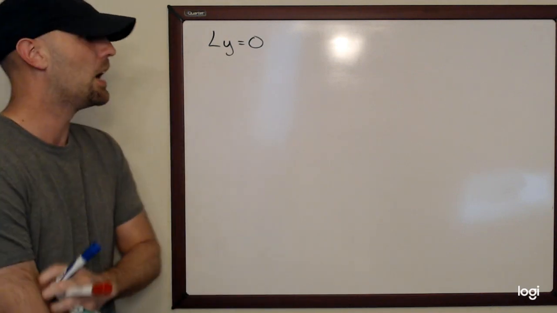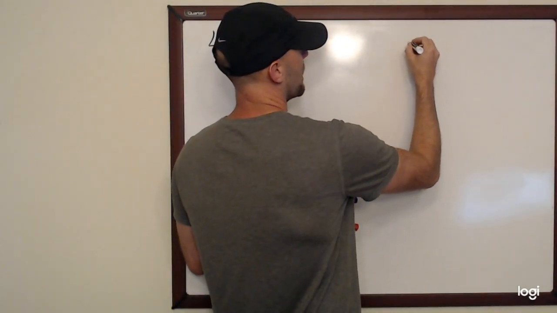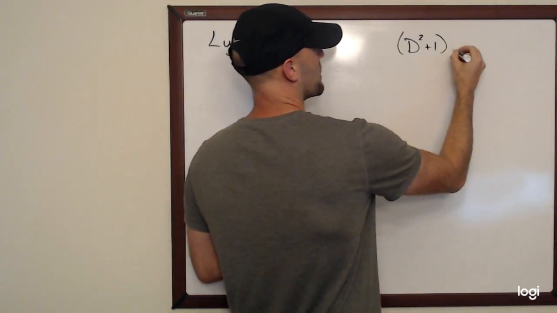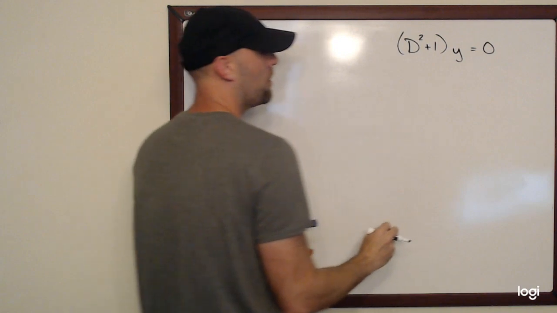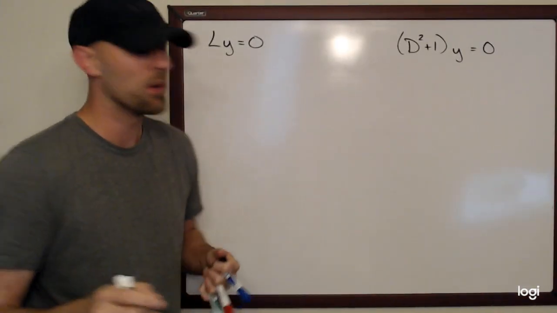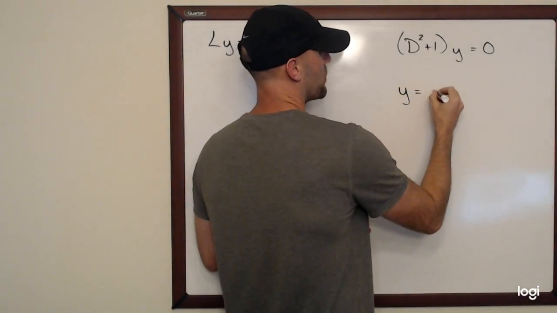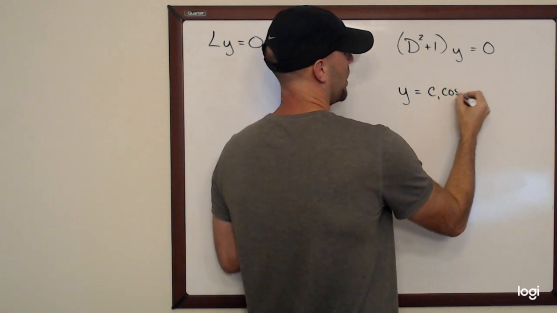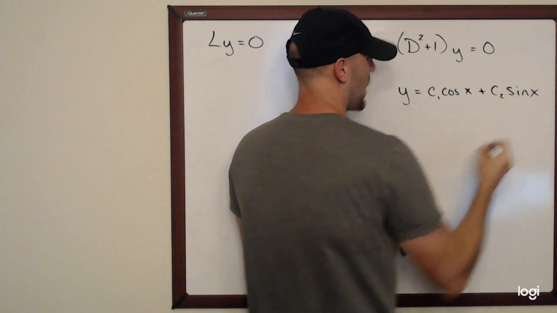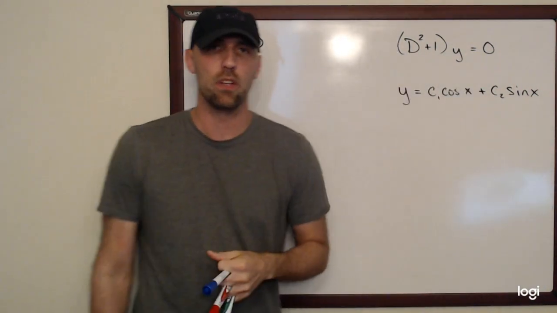To give a concrete example, we had something like D squared plus 1, my linear transform, applied to y giving me 0. We used the auxiliary polynomial and its roots to come up with my general solution as c1 cosine x plus c2 sine x. And this is the kernel of this particular linear transform.